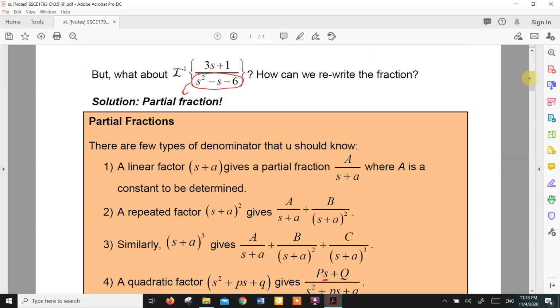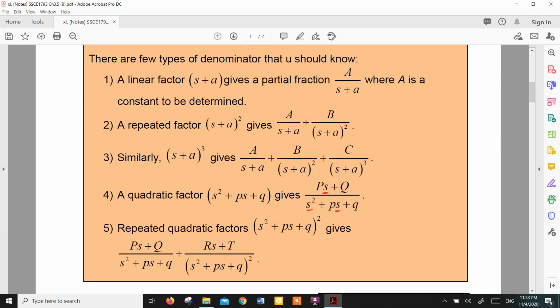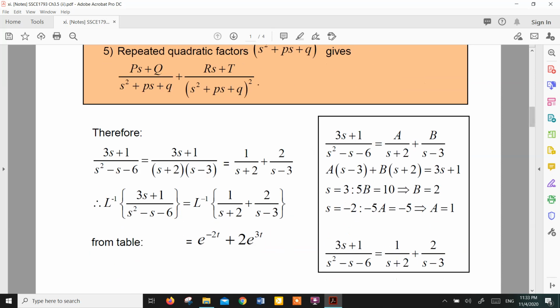You have 3s plus 1 over s square minus s minus 6. This one you can factorize, right? When you factorize s square minus s minus 6, you will get s plus 2 times s minus 3 for the denominator. Then you use partial fraction, this will be your A and B: A over s plus 2 plus B over s minus 3.